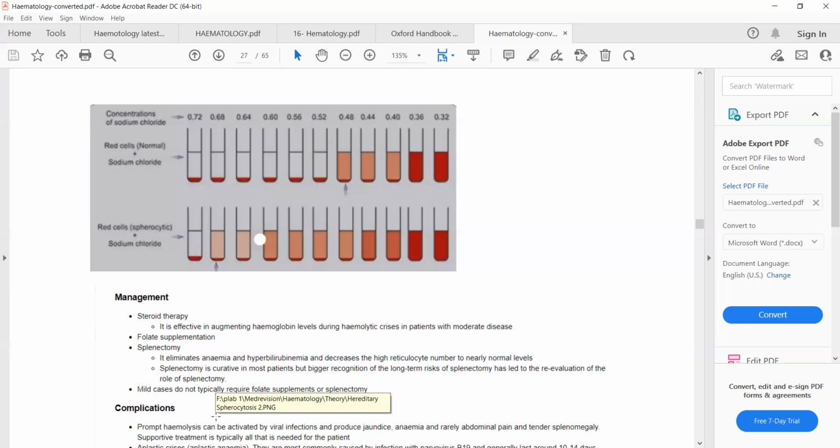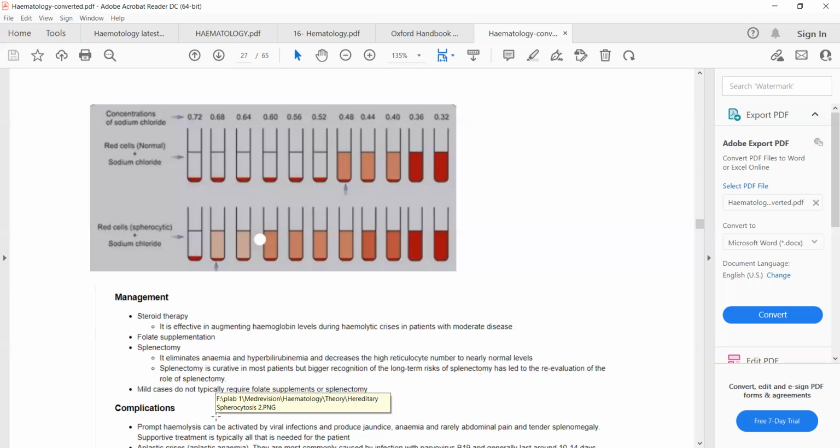The Coombs test is basically used to detect the presence of antibodies on the surface of RBCs. So out of these two, hereditary spherocytosis and autoimmune hemolytic anemia, which one will have antibodies against RBCs? Autoimmune. Yes, autoimmune hemolytic anemia. So the Coombs test will be positive in autoimmune hemolytic anemia, and it will be negative in hereditary spherocytosis because there are no antibodies in hereditary spherocytosis causing hemolysis.